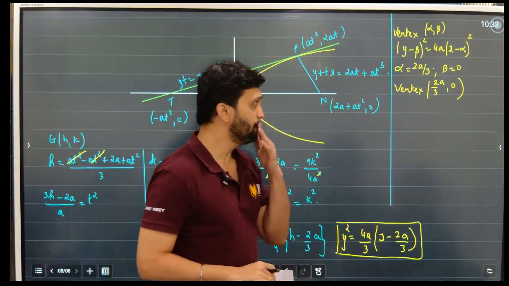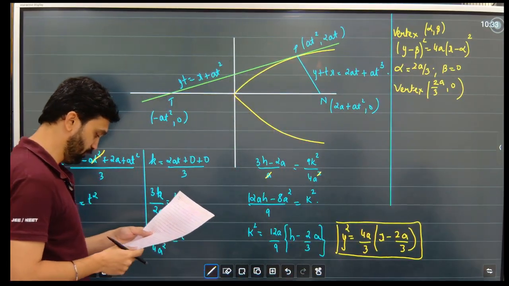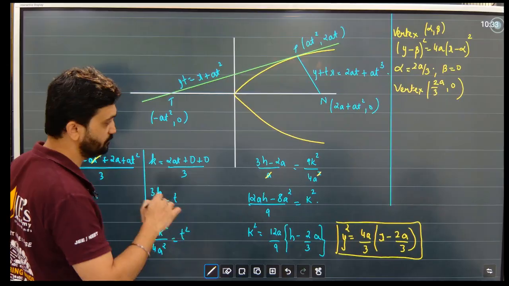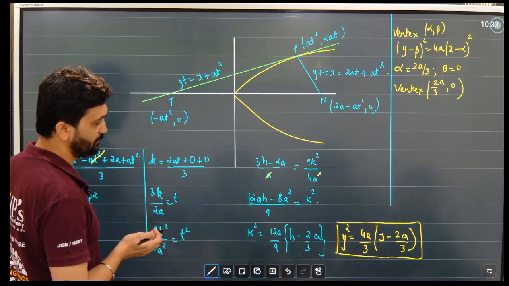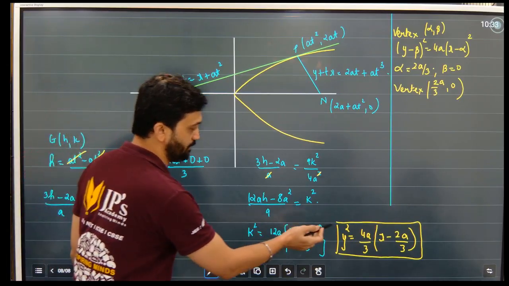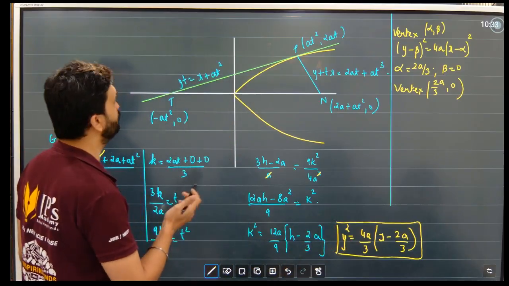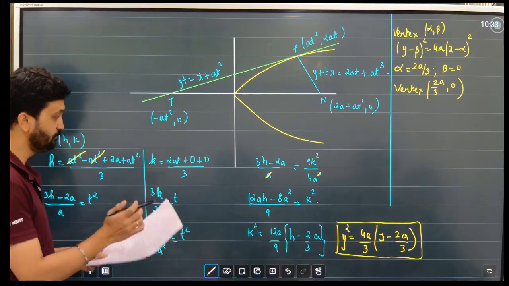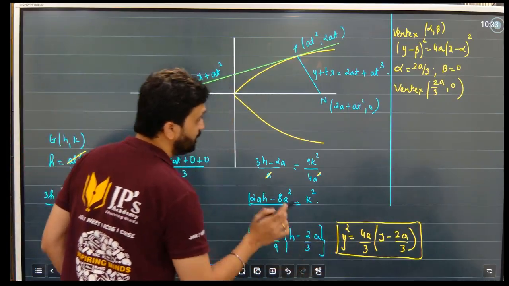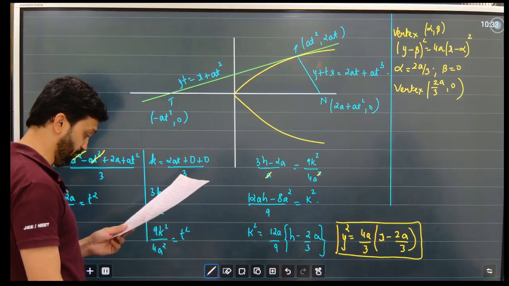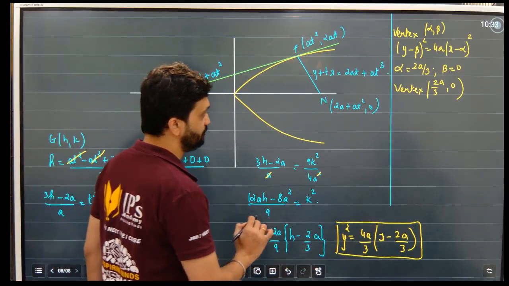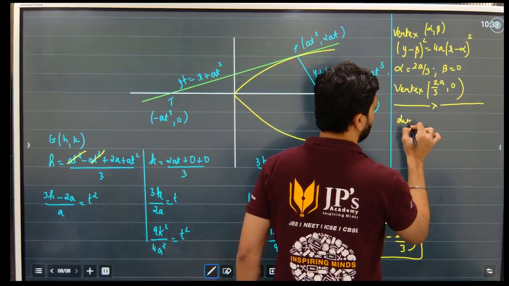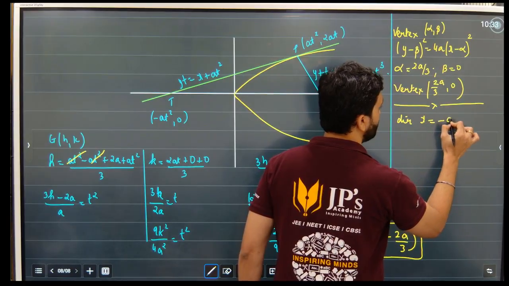Now 4a is your latus rectum, and they have also asked what is the length of latus rectum. I know that the length of latus rectum is 4a. So basically we have got the equation of the parabola. They have also asked to find the directrix. Now if I find the directrix, the second part, we'll just find the directrix first. Directrix is x = -a.